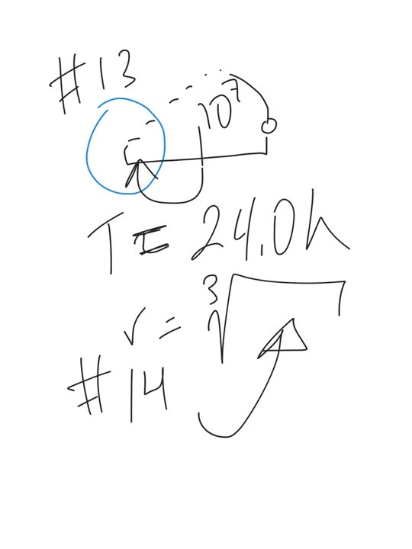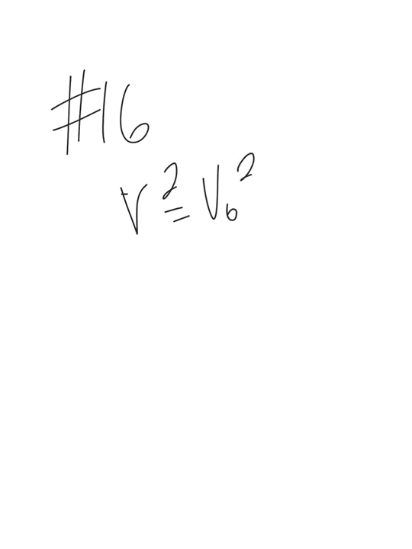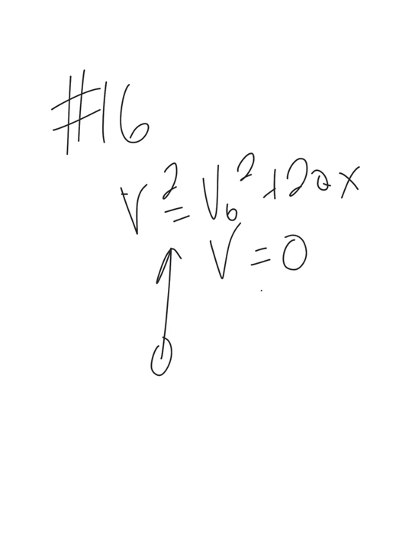So old school on that. On number 16, you're going to go old school, v squared equals v naught squared plus 2ax. And oddly enough, when you jump up, remember that your final velocity is going to be 0. What you're searching for is that initial velocity.